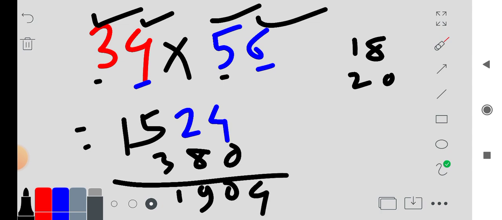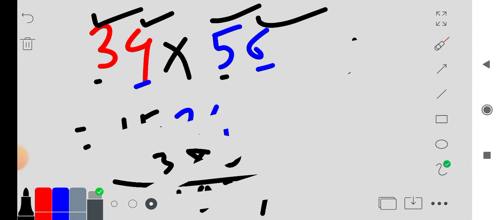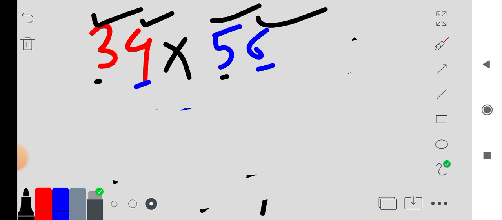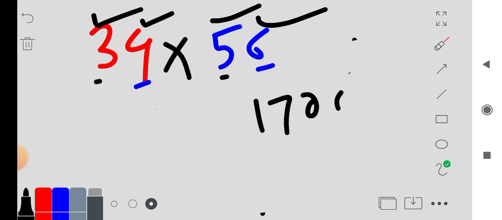Now let us check it by another method. So what is the another method? Divide and conquer strategy. We know 34 into 100 is nothing but 3400 and 34 into 50 is half of that. So that is 1700.